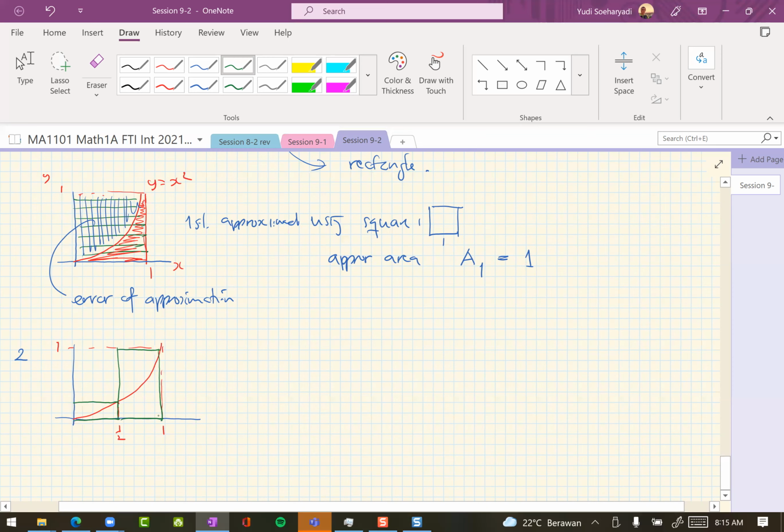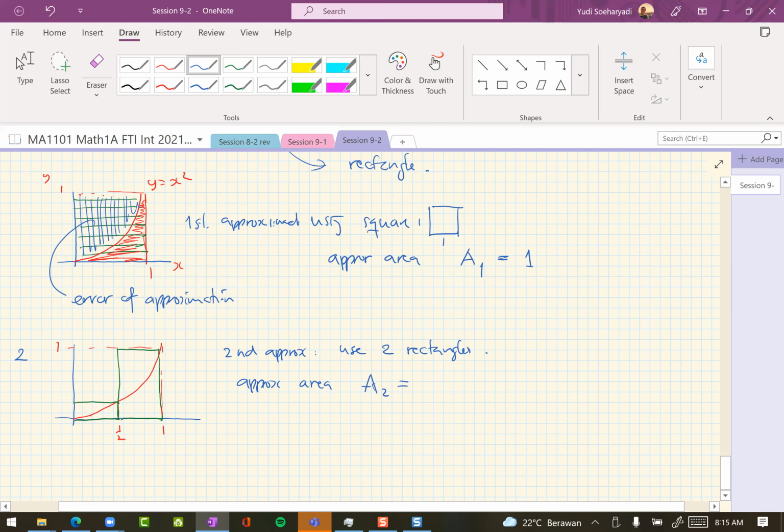So this is the second approximation, there are two rectangles. The approximate area A2 is the sum of the areas of the two rectangles.